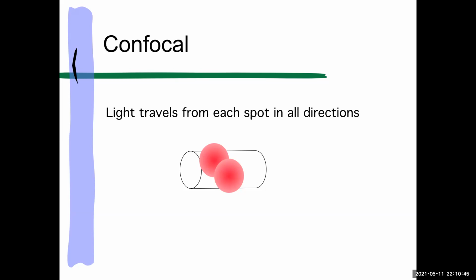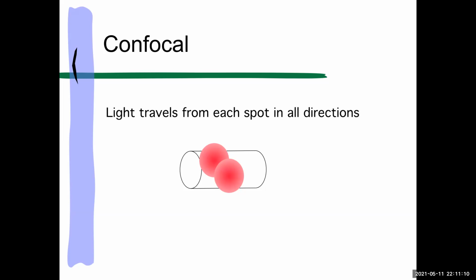So you're only going to collect the light based on the NA of your objective, right? You're going to try to collect the most light possible. So you're only going to collect the light that does make it to your objective. However, what's happening is that light is going in all directions from every spot. And what happens with wide field fluorescence is you're going to collect some out of focus light too.